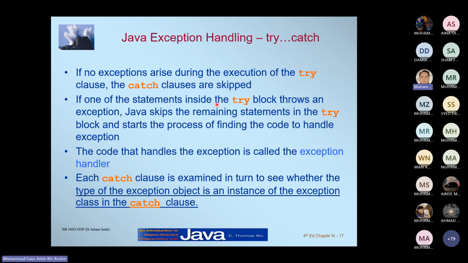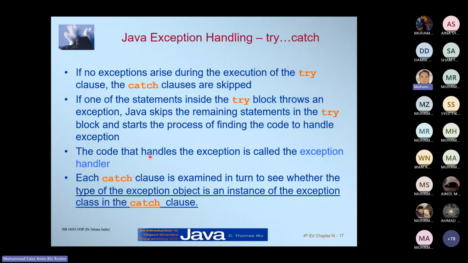If one of the statements inside the try block throws an exception, Java skips the remaining statements in the try block and starts the process of finding the code to handle the exception. So when anything happens, it will stop the execution in the try block and go to the catch block to see which catch block is suitable for the error exception.